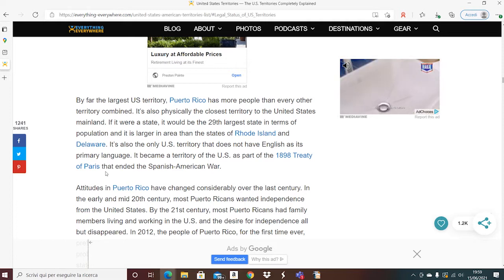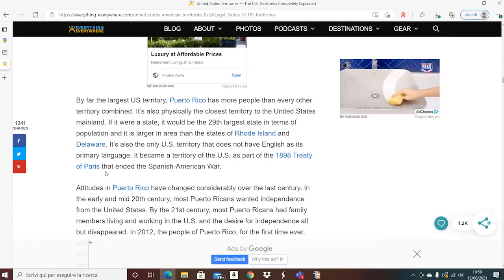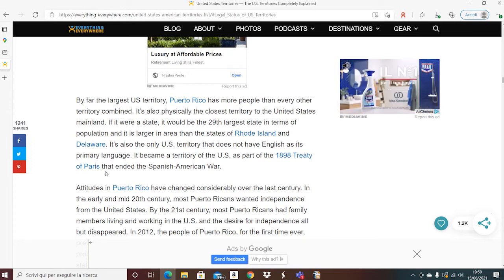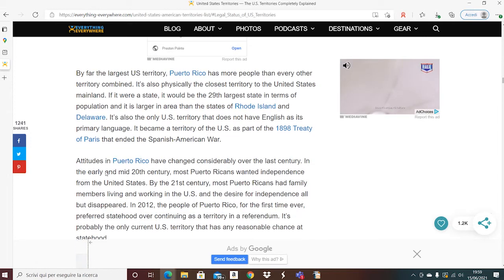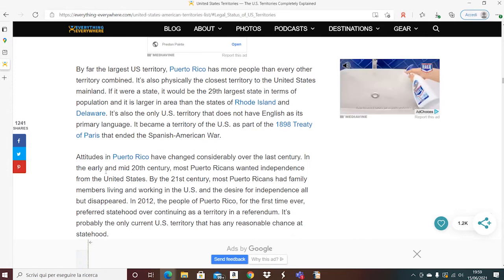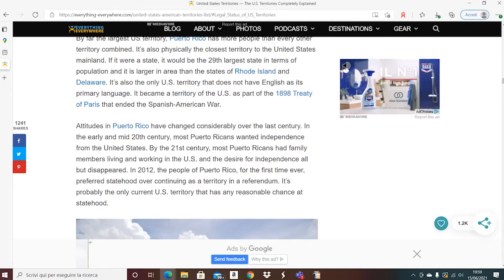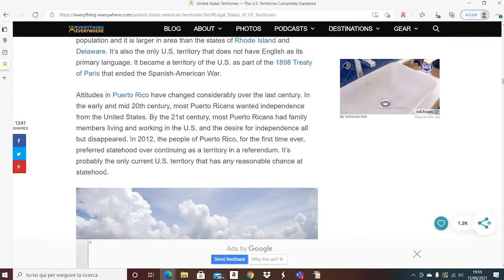It became a territory of the US as part of the 1898 Treaty of Paris that ended the Spanish-American War. Attitudes in Puerto Rico have changed considerably over the last century. In the early and mid-20th century, most Puerto Ricans wanted independence from the US.